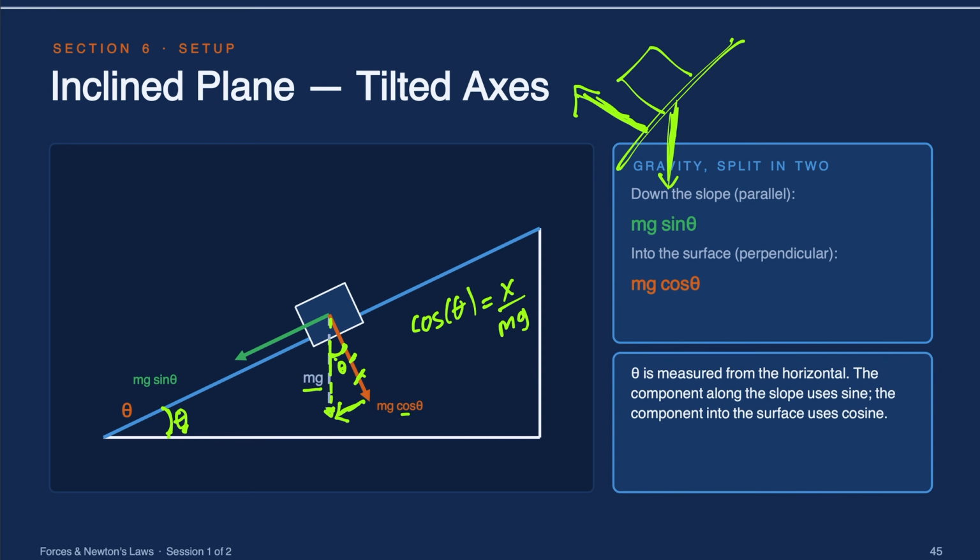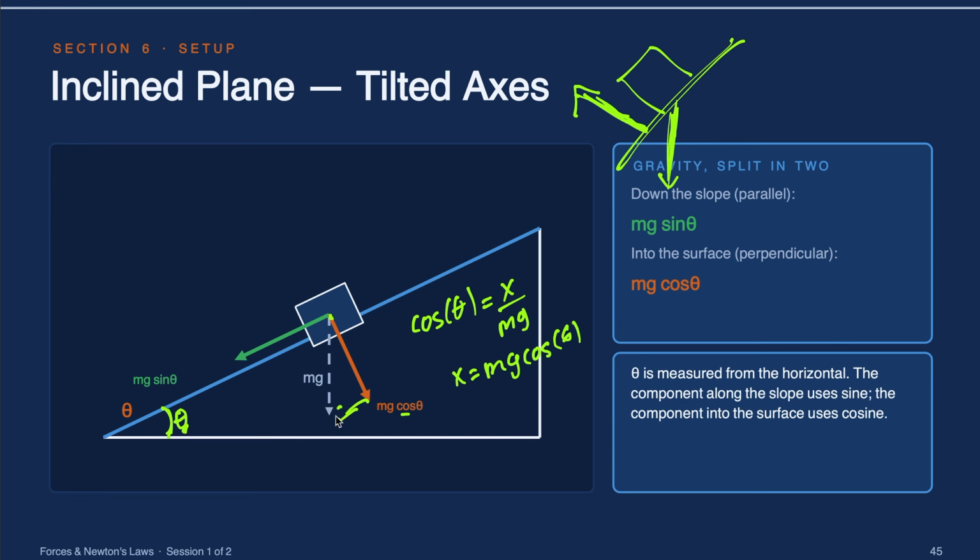In order to find the adjacent side, it would just be mg times cosine theta, right? Mg here, even though it doesn't look like it, is actually the hypotenuse, okay? Imagine if you tilt your head a bit and look at it like this is a straight line. Then you can understand that mg is facing downward, but it's connected to both ends of these two, right? That's why it's the hypotenuse.